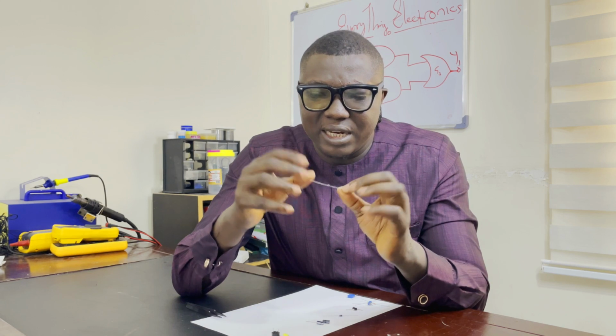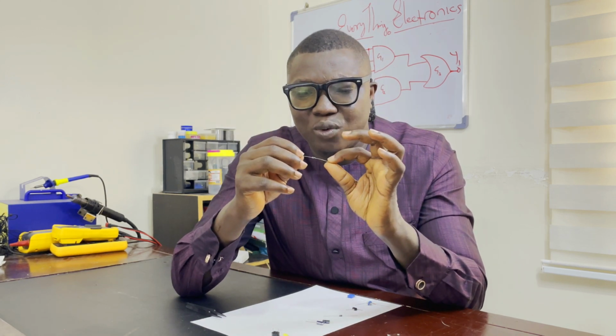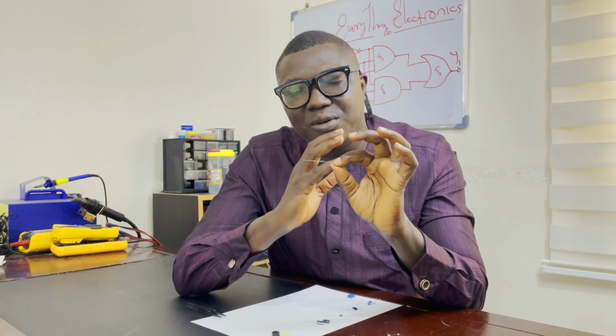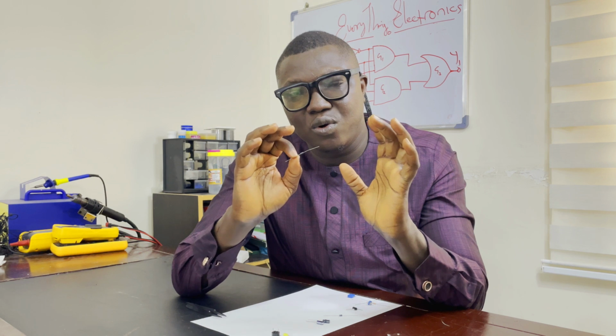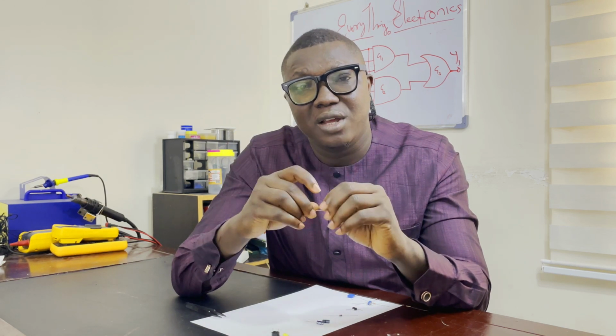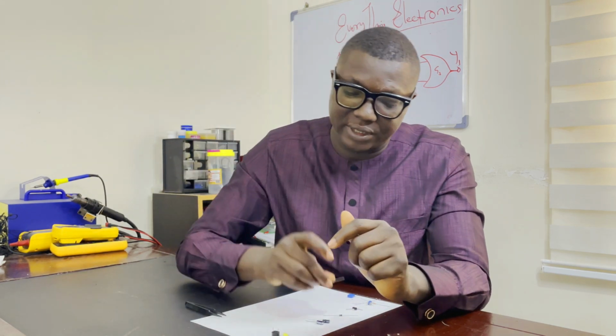So a typical diode like this one is the IN4001. It has an anode and a cathode. So we'll go into a detailed description of the anode and cathode, or how you can identify and measure the characteristics of a diode.